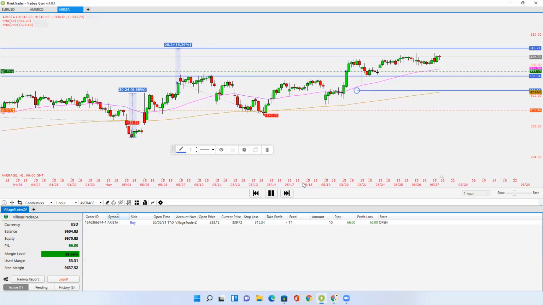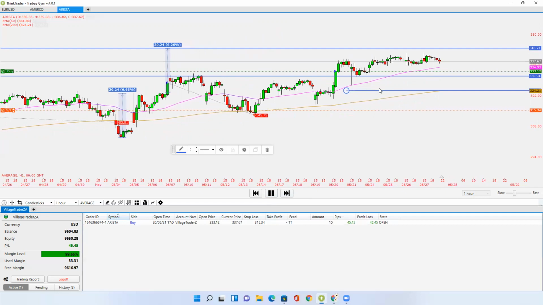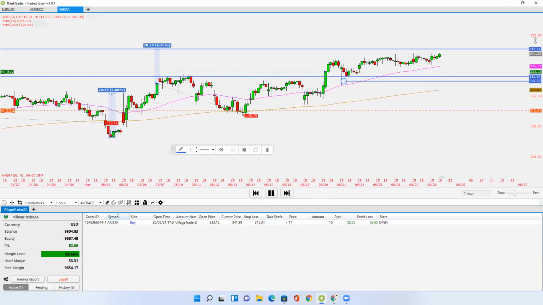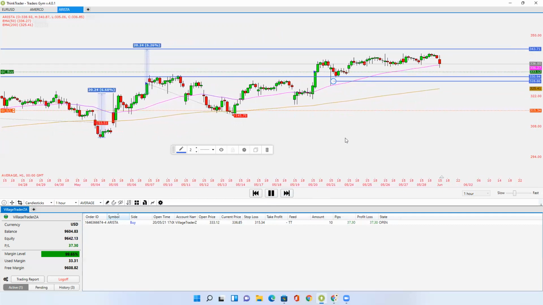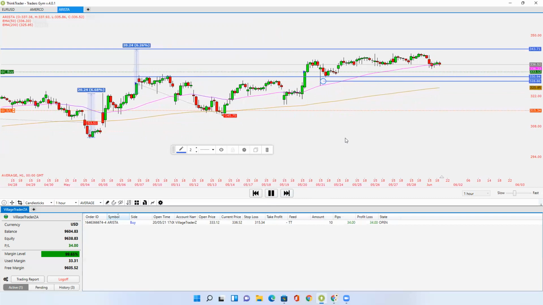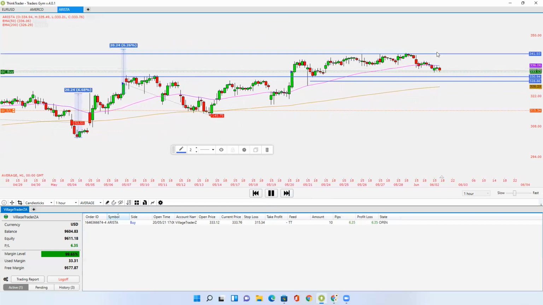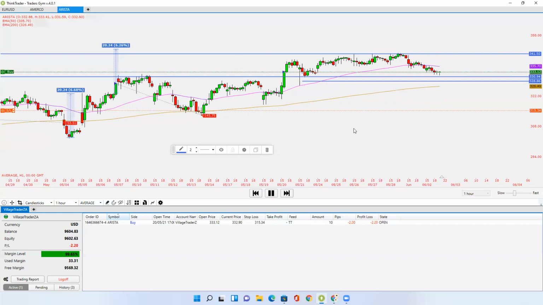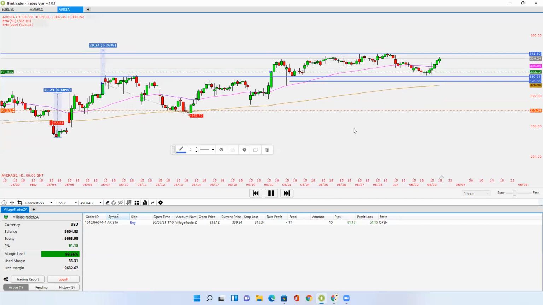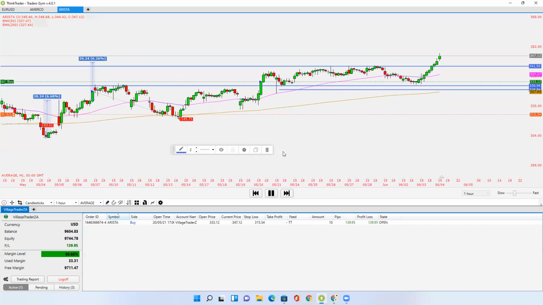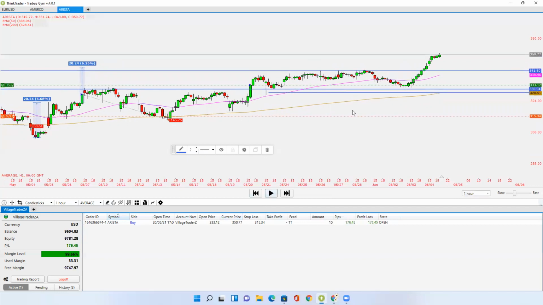Okay. So when it breaks the 343 level, if it just breaks that, I'm going to raise my stop. Okay, so I've broken that level, I'm tightening my stop.